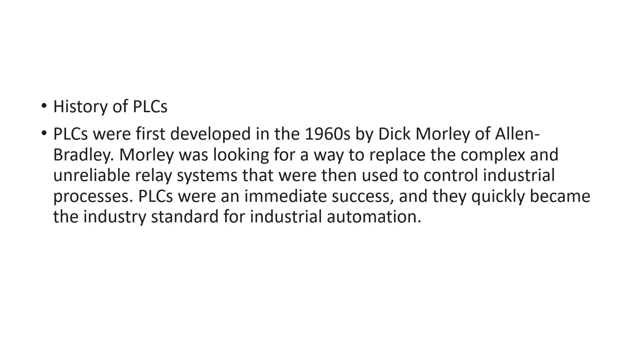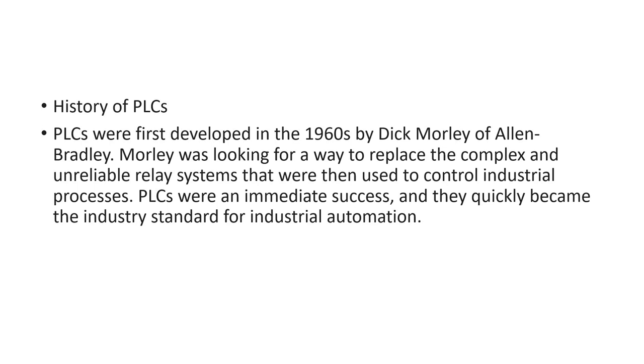PLCs were an immediate success, and they quickly became the industrial standard for industrial automation. By using PLCs, relay logic became obsolete and the hard wiring also reduced, and it gives a quick response, so it is mostly used in industrial automation.